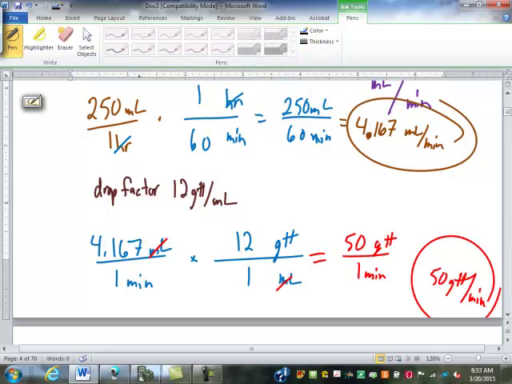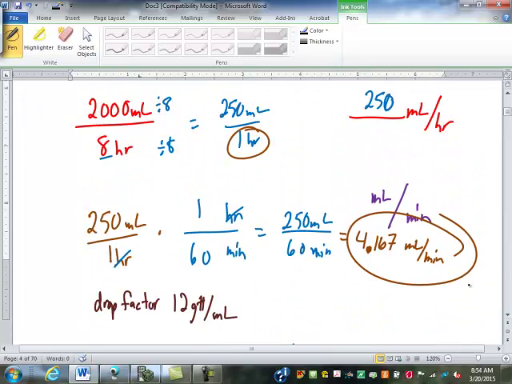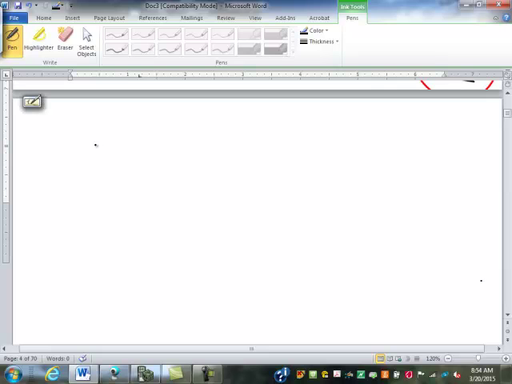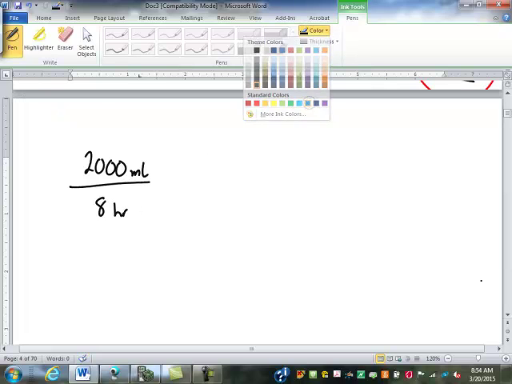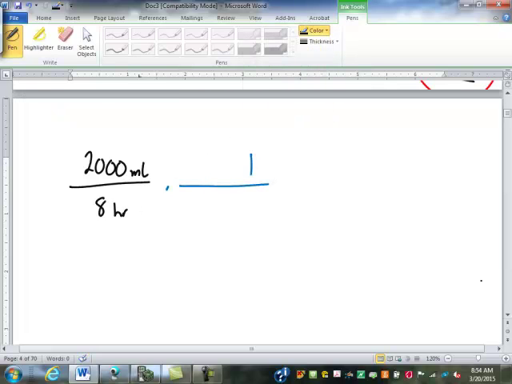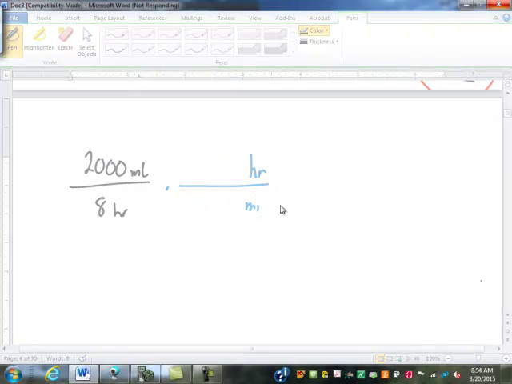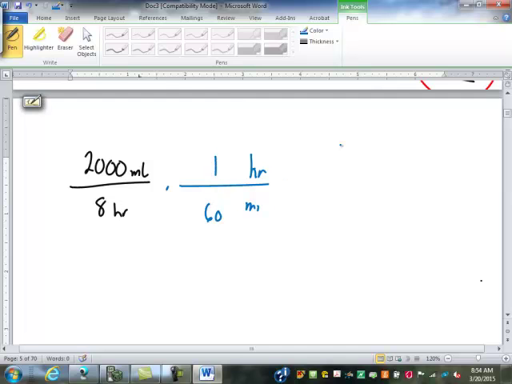Now, realistically, if we knew from the beginning of the problem that we wanted drops per minute, we wouldn't have done it step by step like that. If we knew from the very beginning we wanted it in drops per minute, I would have done 2,000 milliliters over 8 hours. One hour is 60 minutes. Milliliters and drops.